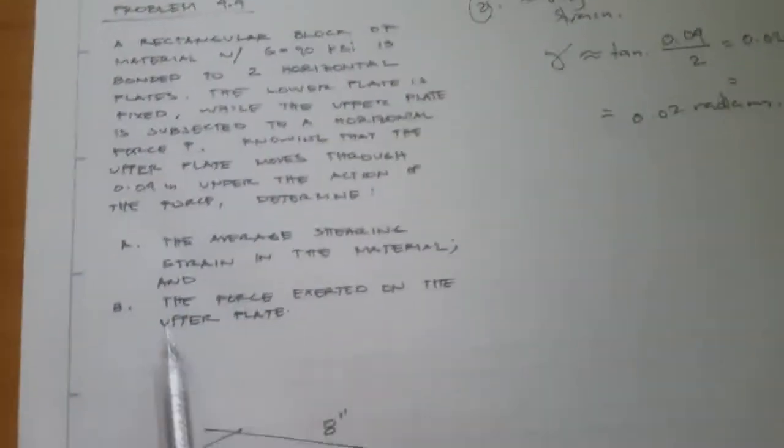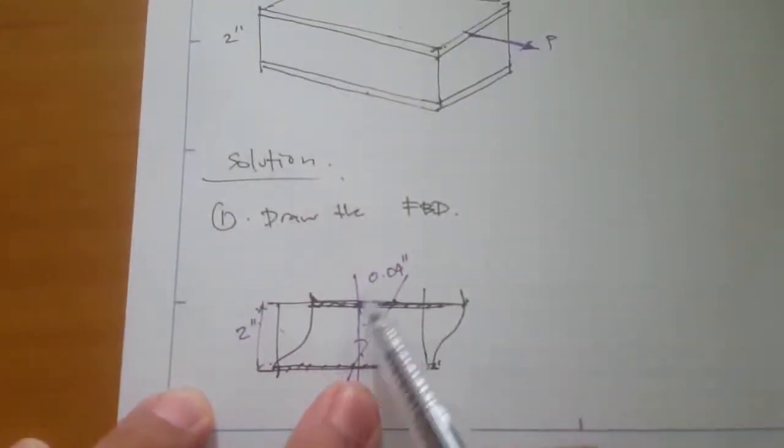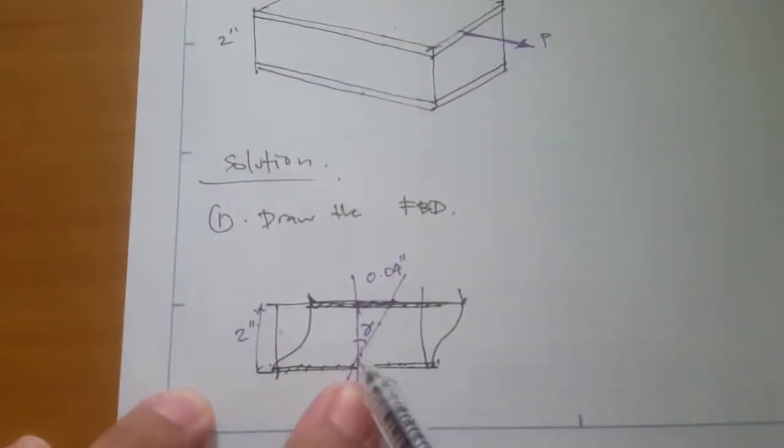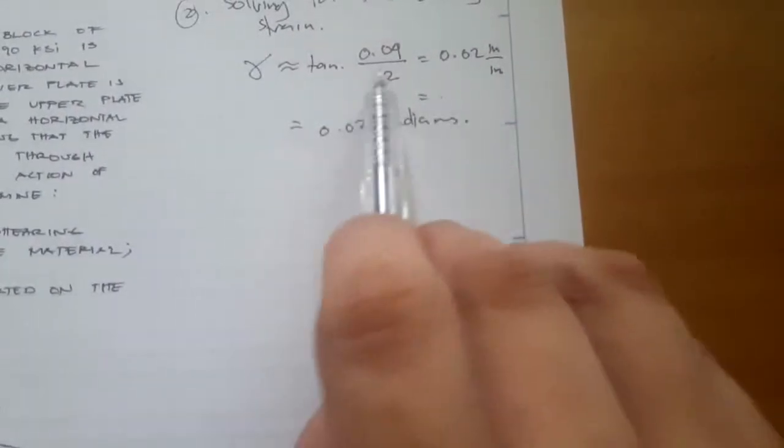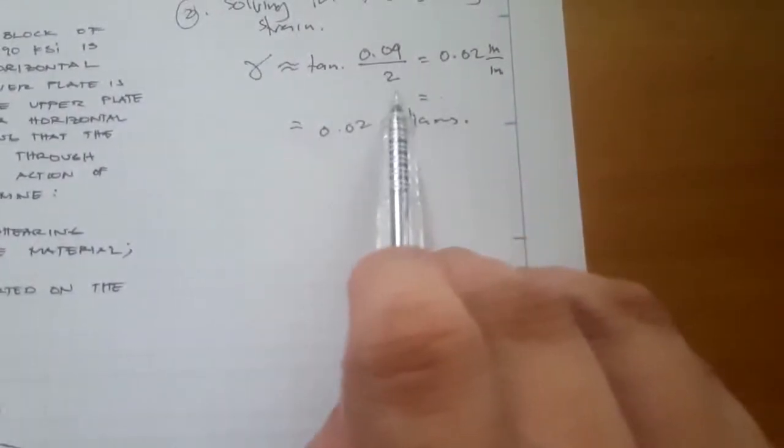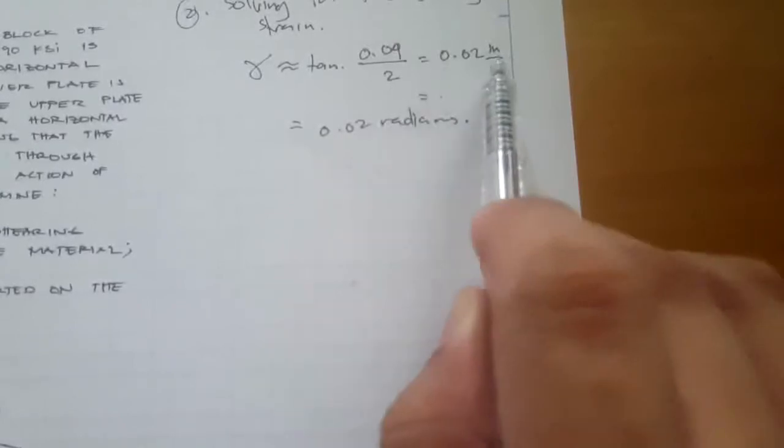Okay, so this is the average shearing strain, which is just simply the ratio of the opposite to the adjacent. And this is 0.04 divided by 2 inches. So that's our shearing strain.